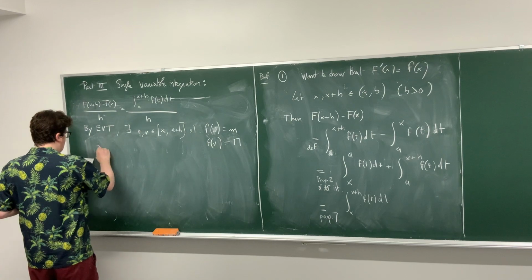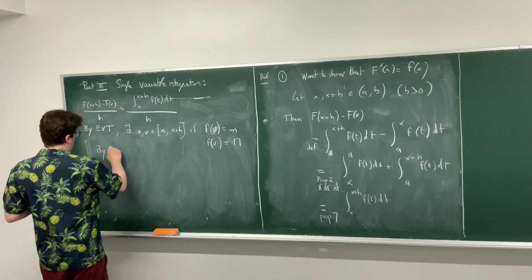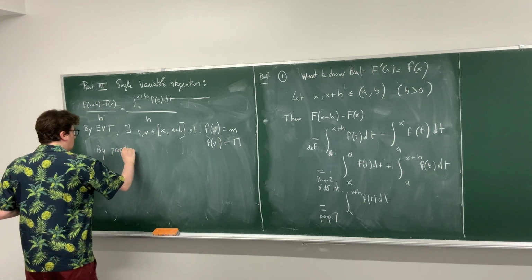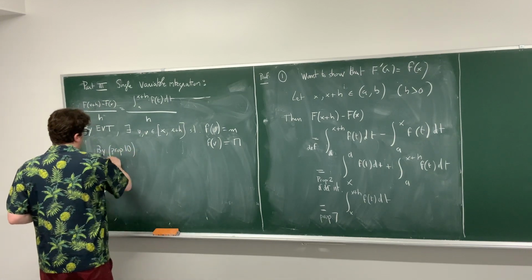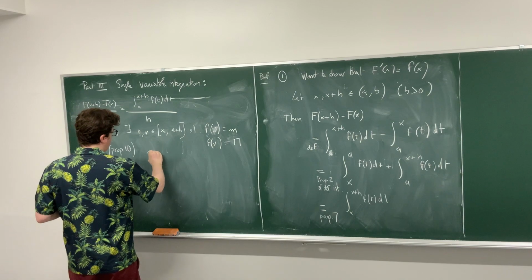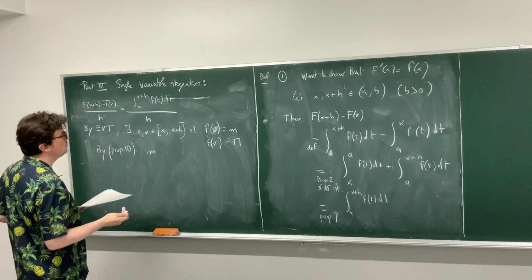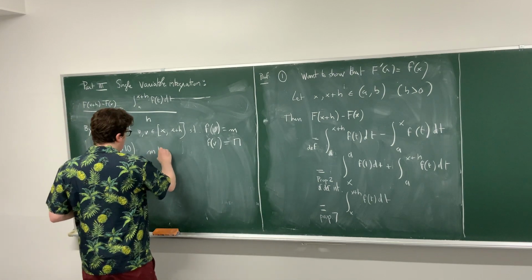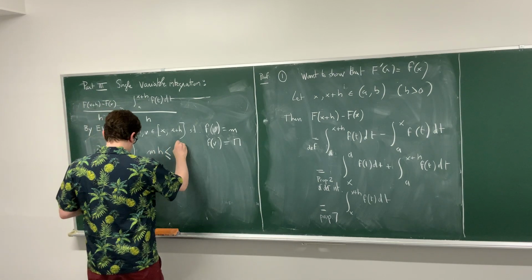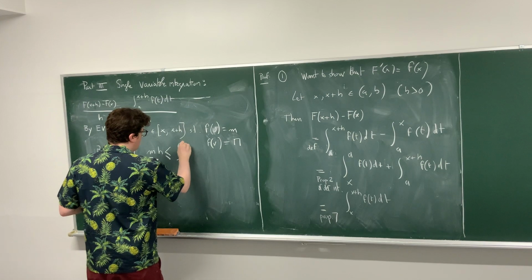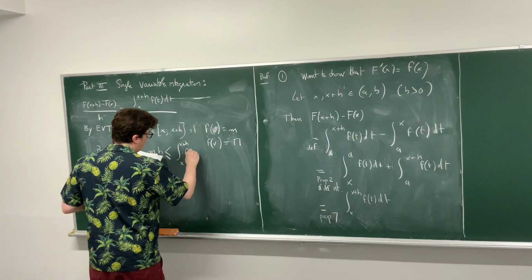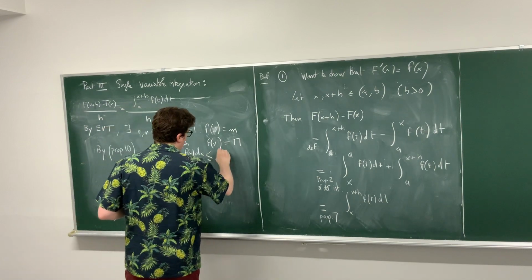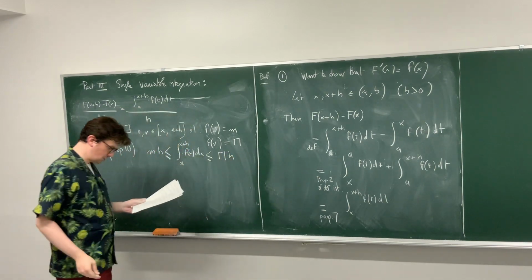Okay, now by property 10, what does it say? It says that if my function is between m and capital M, then this integral, from x to x plus h of f of t dt, will be between m times h and capital M times h.